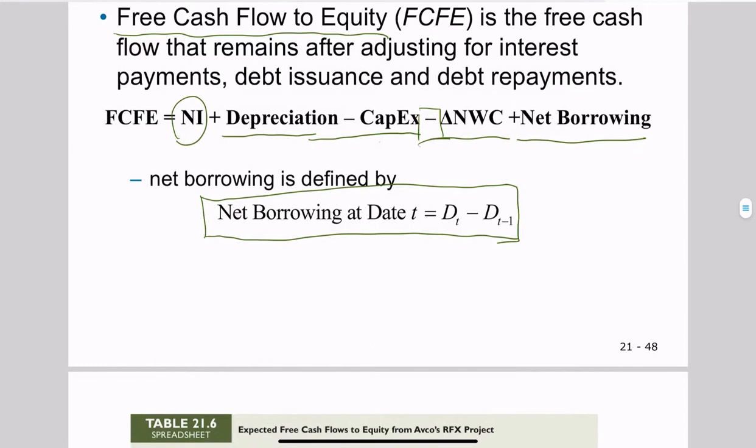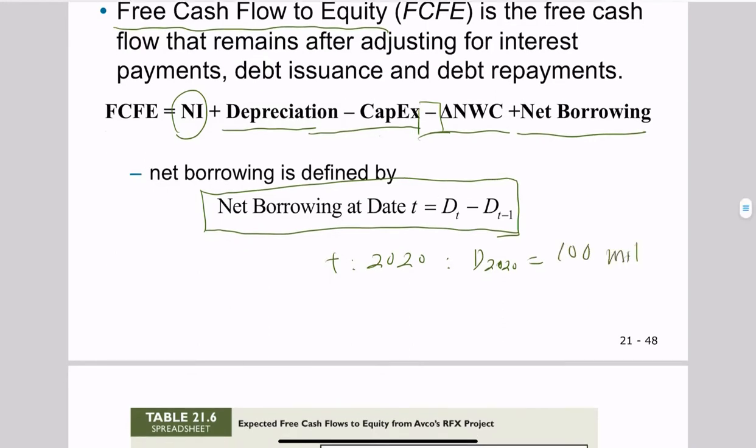If you think about this, let's say in 2020, debt is, let's say, $100 million, and then let's say in 2021, debt increases to $150 million.